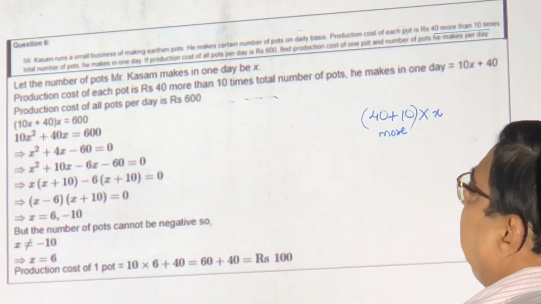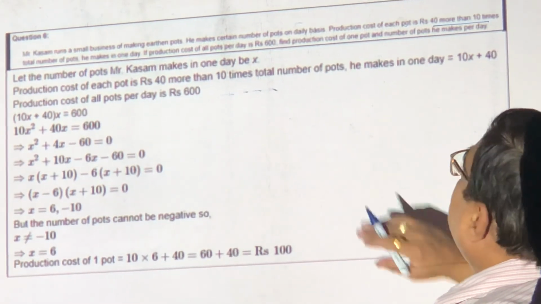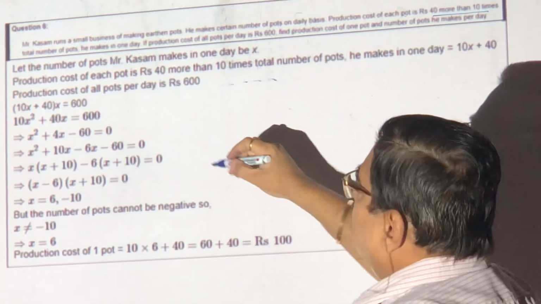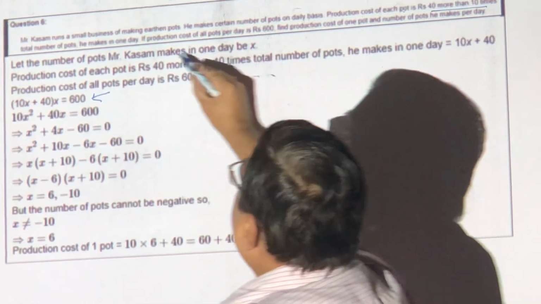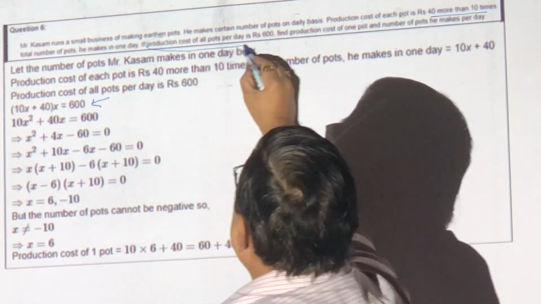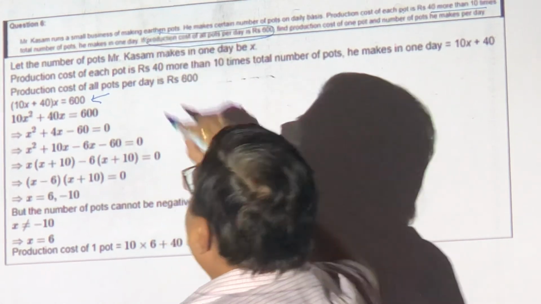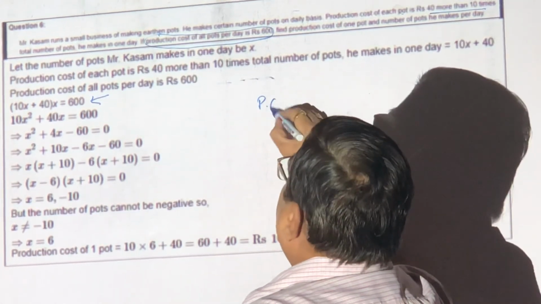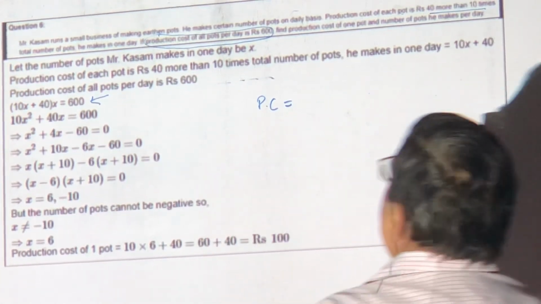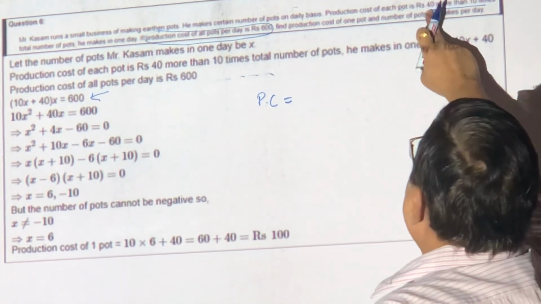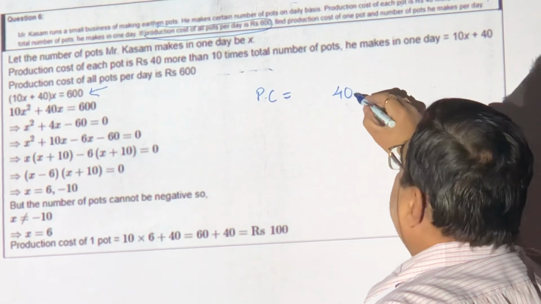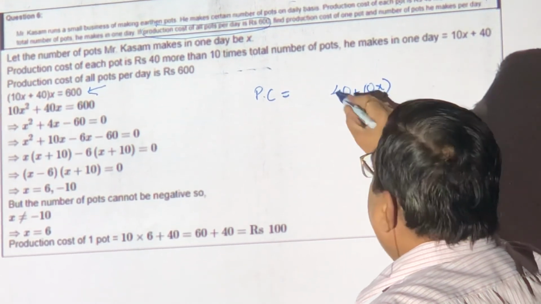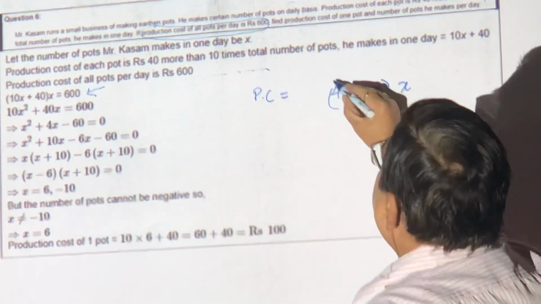Okay, my friends, 40 more than 10 times. This is how we form it. Now, please have a look that this equation takes into account this statement. Production cost is, as told to us, 40 more than this, and the number of pots.